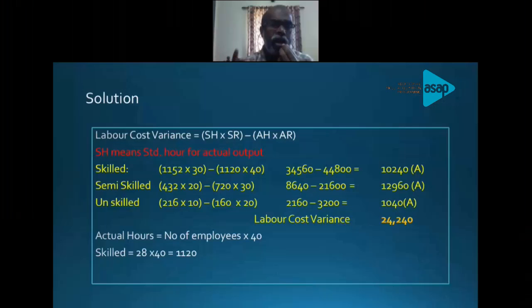The most important point to remember is that standard hour means standard hour for actual output. Always remember, when there is a difference between actual output and standard output, the standard hour for actual output must be calculated.